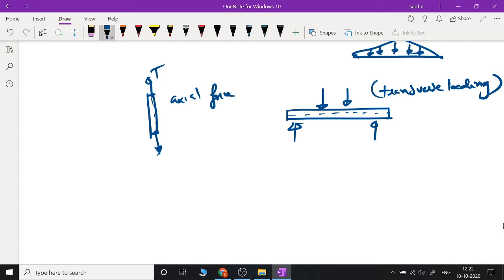When the beam is subjected to transverse loading, the way it is going to bend is an interesting thing to note. Imagine we have a beam like this. Under the loading, it is going to bend.